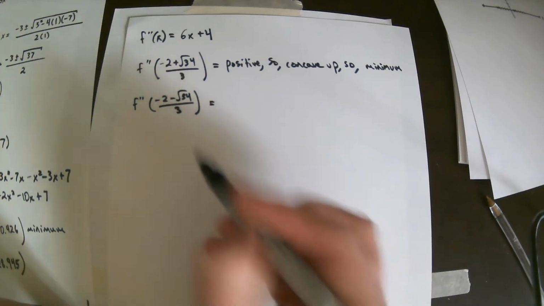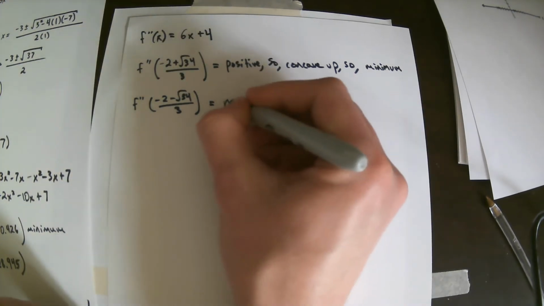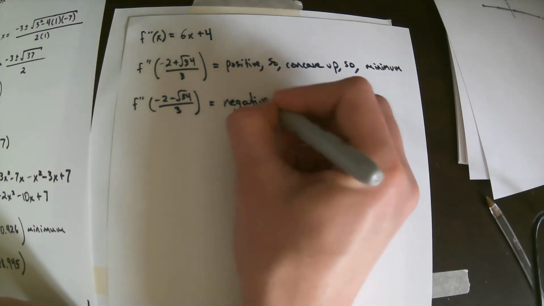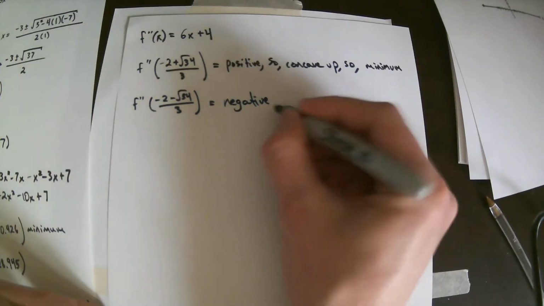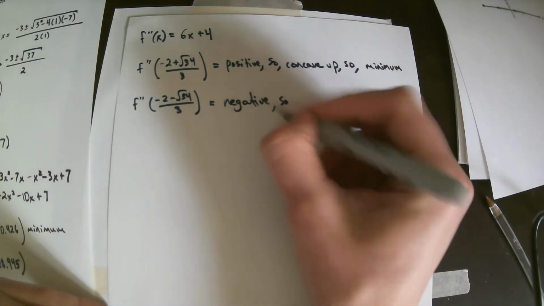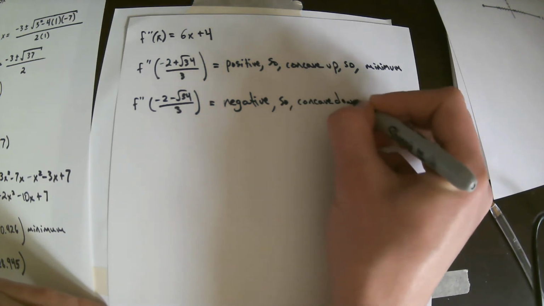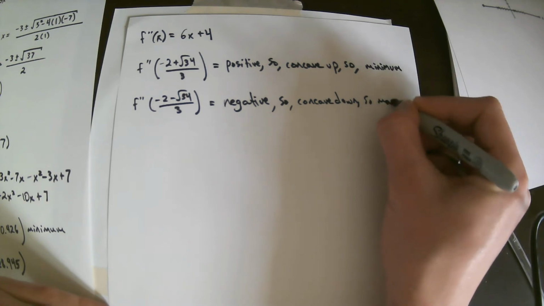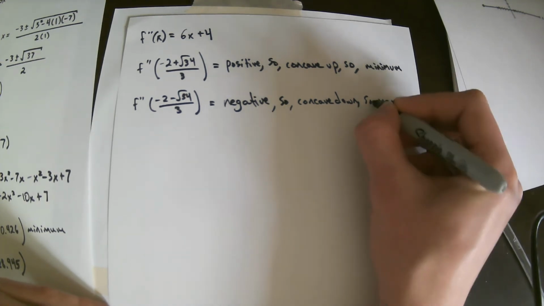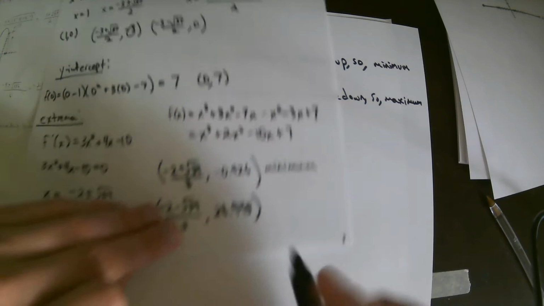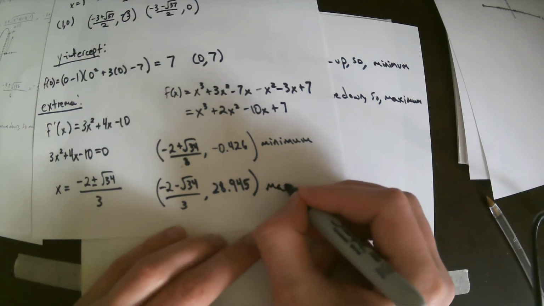Plug that into the calculator. We get negative. I don't care what the actual value is, I'm just trying to see if it's positive or negative. So this is concave down. So it's a maximum there. So that means this point is a maximum.